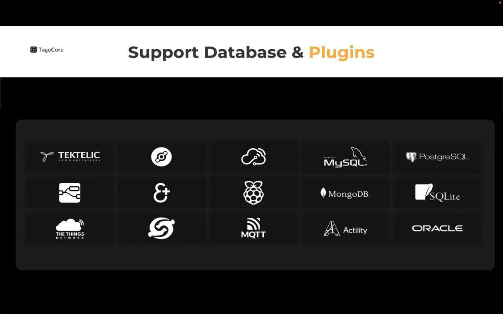Then there are more things related to the application itself. That's not only the hardware, but also you have the plugins where you can have support for different databases. So here are examples of some plugins that you have available now. We're creating more. If you go and download the Targo Core now, you're going to see more, but it gives you an idea that you have a plugin, for example, for a specific device or network, like you can see here for The Things Network.